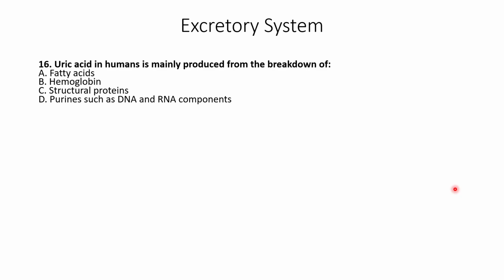And I'll come to an interesting point. Maybe I'll finish these questions, or actually, I can tell you now. There is an interesting topic with respect to an evolutionary determination of what type of nitrogenous waste is secreted by which type of animals.